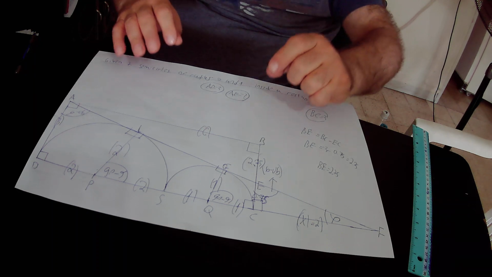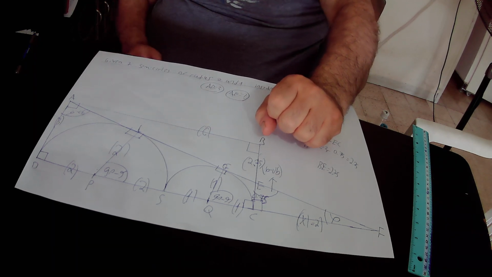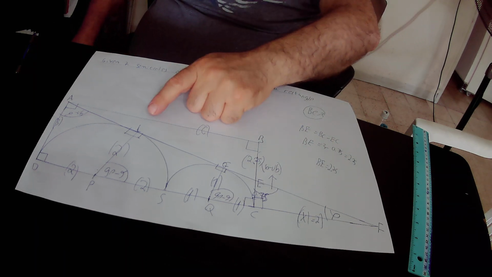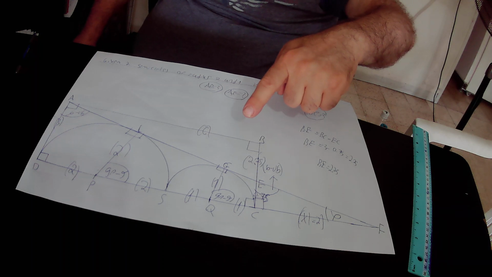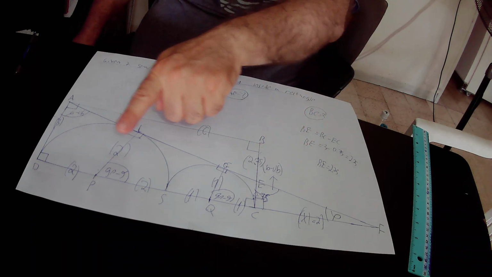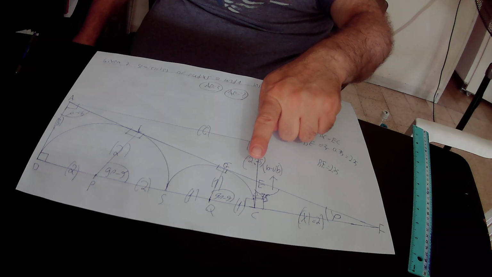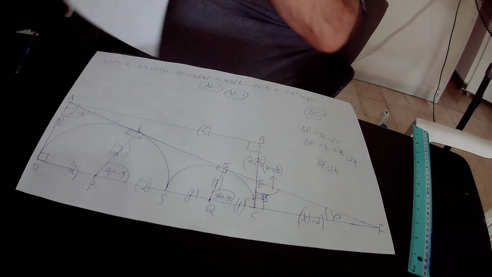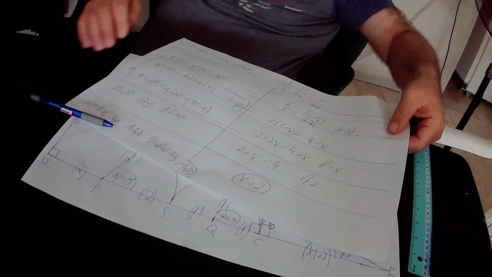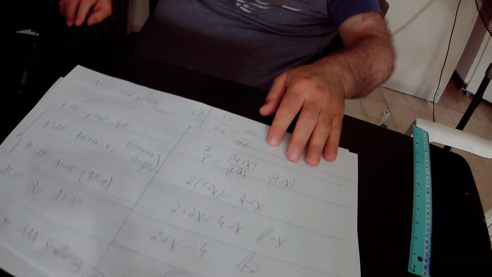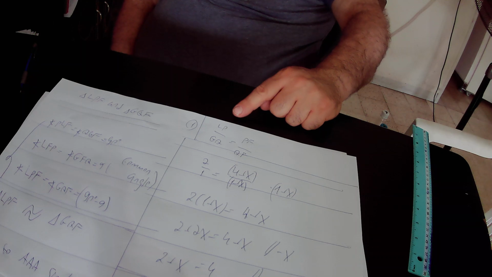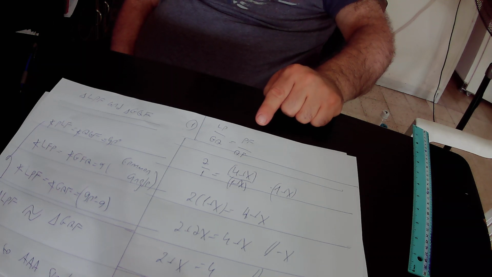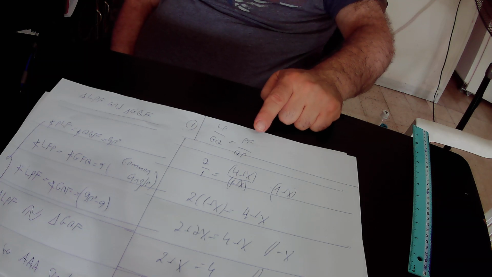And from the fact that they are similar to each other, we derive that the following relationship exists between their sides. Side LP in the big triangle over side GQ in the small triangle equals side PF in the big triangle over side QF in the small triangle.